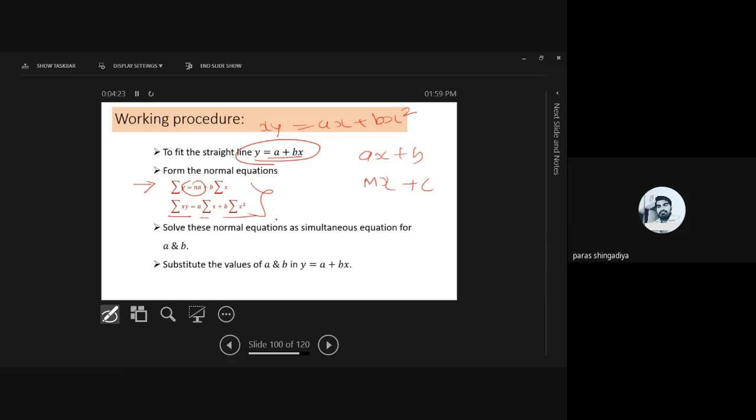The two normal equations by using the form y is equal to a plus bx. How can we derive both normal equations, which we had completed in the last lecture? Yes, what is the procedure?